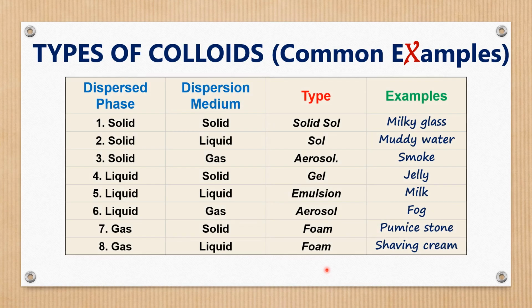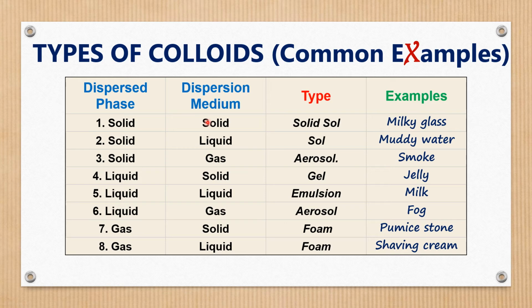According to the state, colloids are classified into many types. Here you can see some common examples of colloids. So these are the types. The first type is solid sol. In solid sol, the dispersed phase and the dispersion medium are both solid.